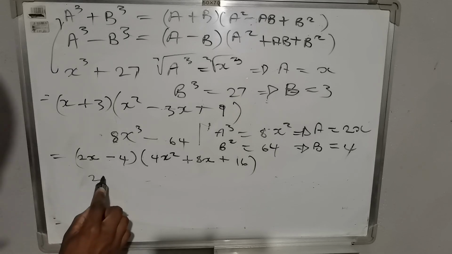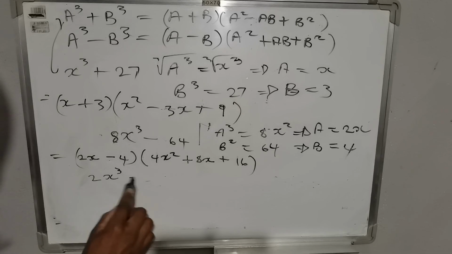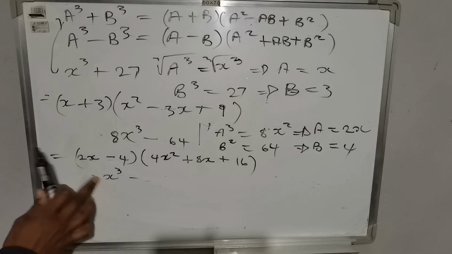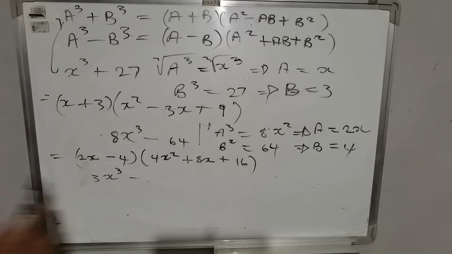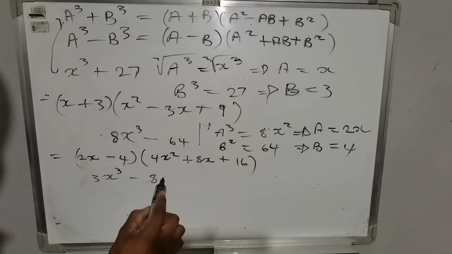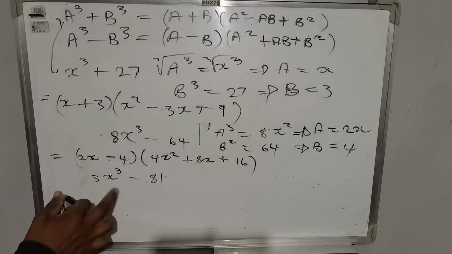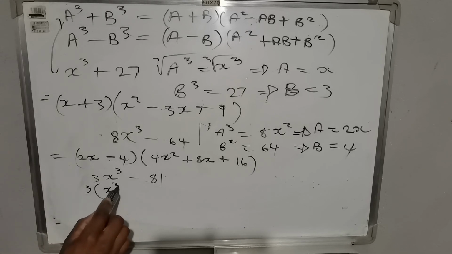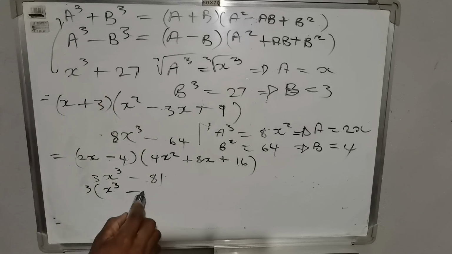What if you are given 2x cubed minus, or let me say you are given 3x cubed, just to confuse you a lot, 81. This is the same as that, but only if you take out the greatest common factor first and be left with x cubed minus 27.